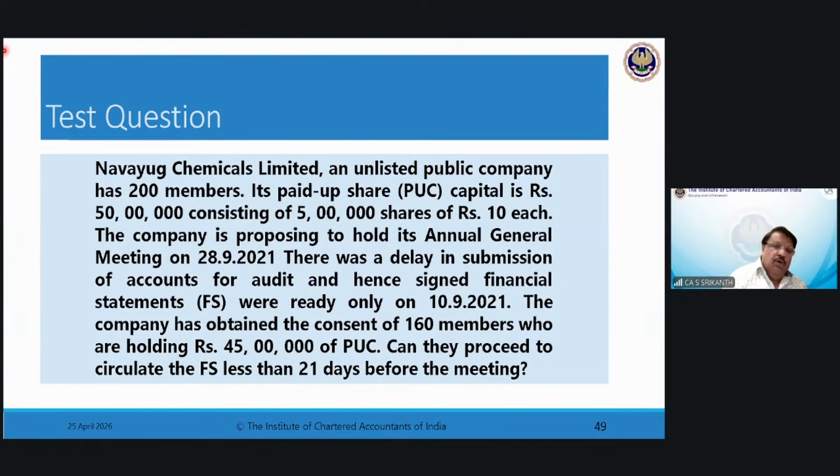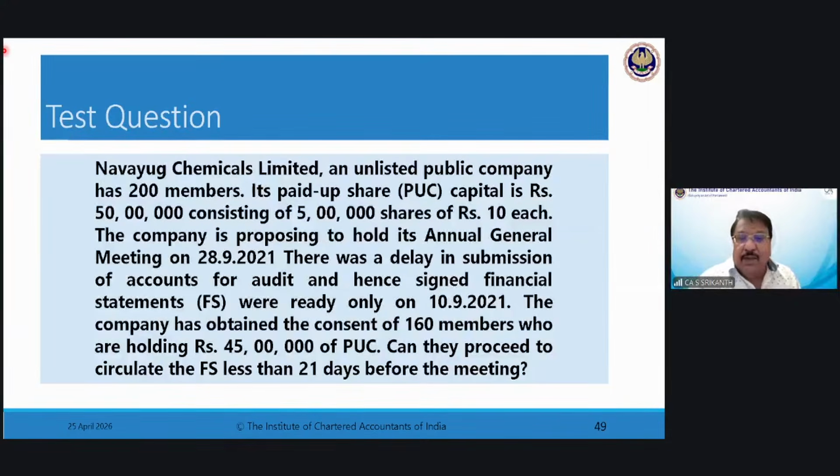So the company has to get the consent. Out of 200 members, it has got 160 members who are holding 45 lakh rupees worth of paid up capital. Can they proceed to circulate?